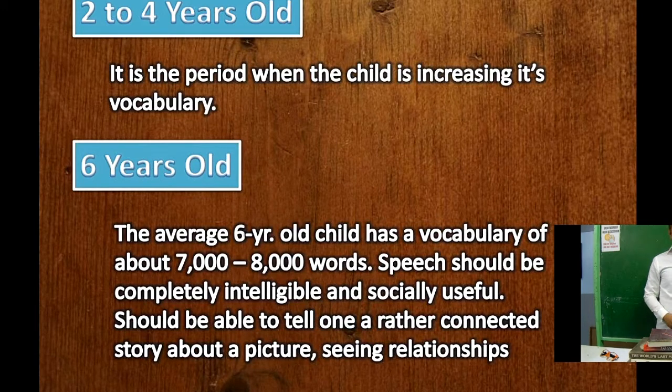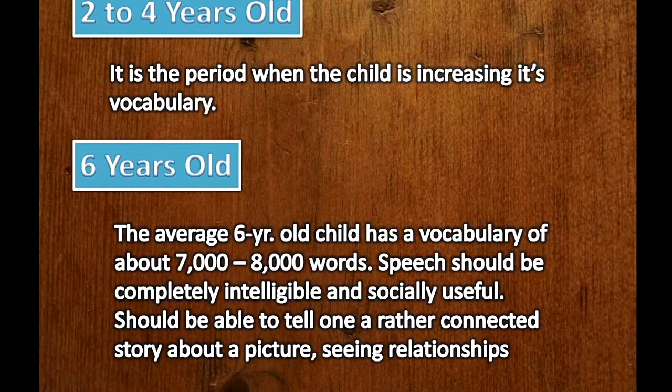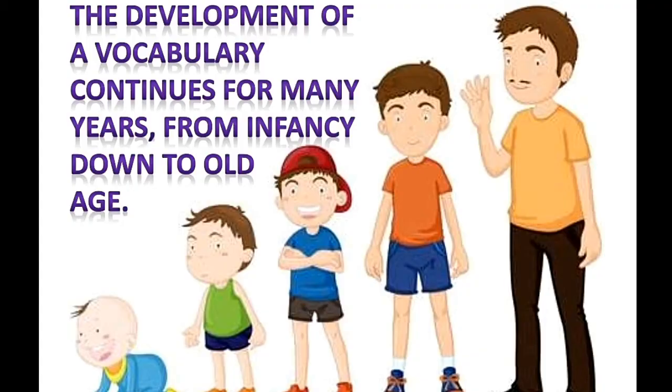Speech should be completely intelligible and socially useful. Should be able to tell a rather connected story about a picture and see relationships. Development of vocabulary continues for many years, from infancy down to old age.